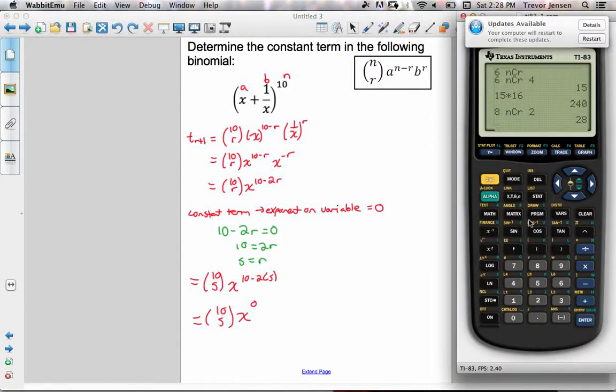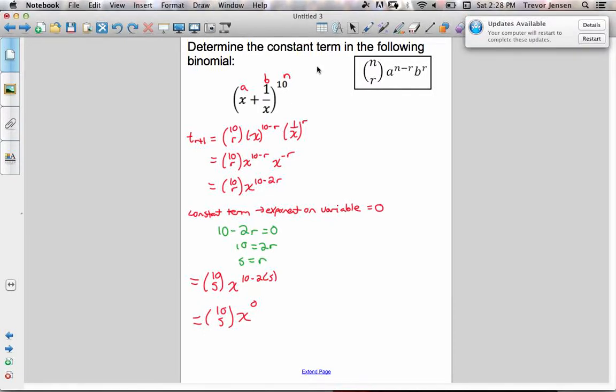So what's 10 choose 5? 10 choose 5 is 252. x to the 0 is equal to 1, so 252 times 1, which is just 252. That would be the constant term in the expansion of this binomial. So if I expanded out that entire binomial, since my r value is 5, it would be the sixth term. The sixth term would have been 252, and there would be no variable associated with it.